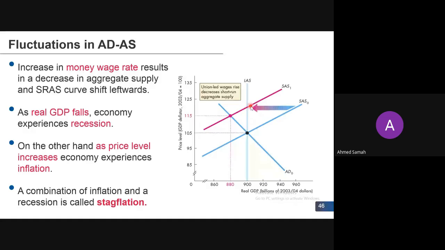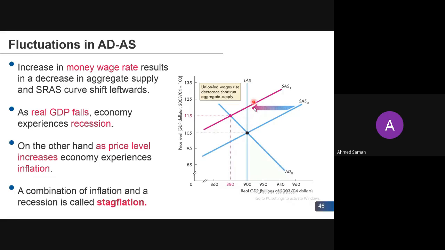So now the equilibrium is at a higher price level, and the real GDP is now lower than the potential GDP level of the long run aggregate supply curve, which was there before. So this creates a recession, because real GDP is below potential GDP.